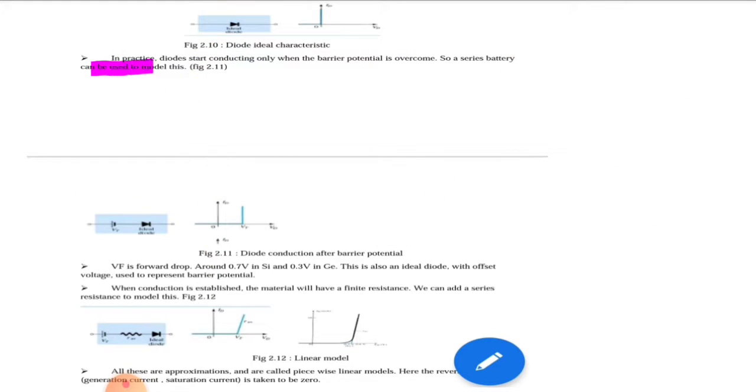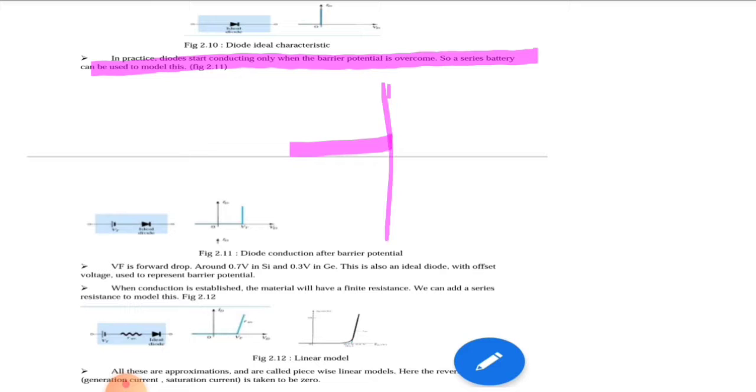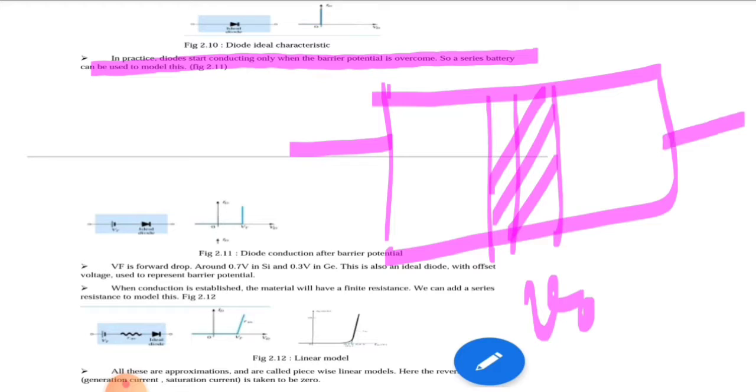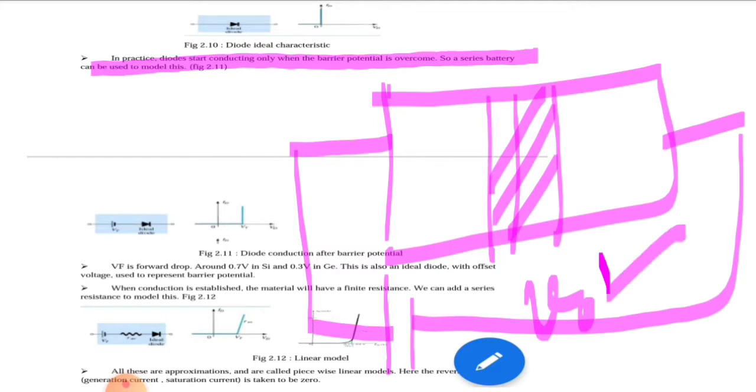In practice, diodes start conducting only when the barrier potential is overcome, so a series battery can be used in this model. In practice, we have the PN junction diode like this, with a barrier potential here, that is V0. Only when the external voltage we apply crosses this V0 is current conduction possible.